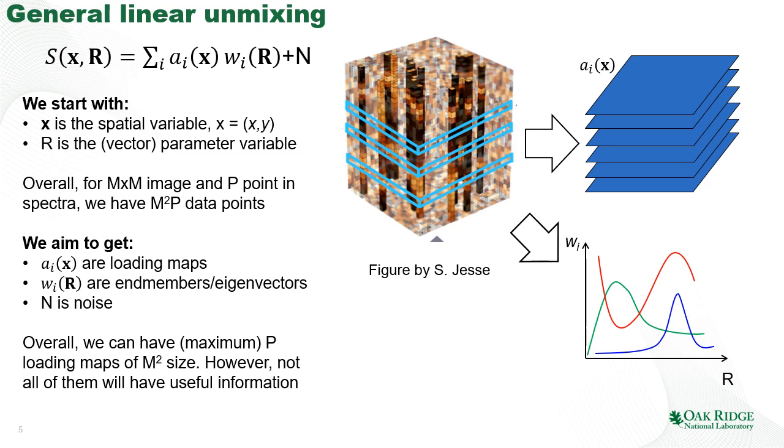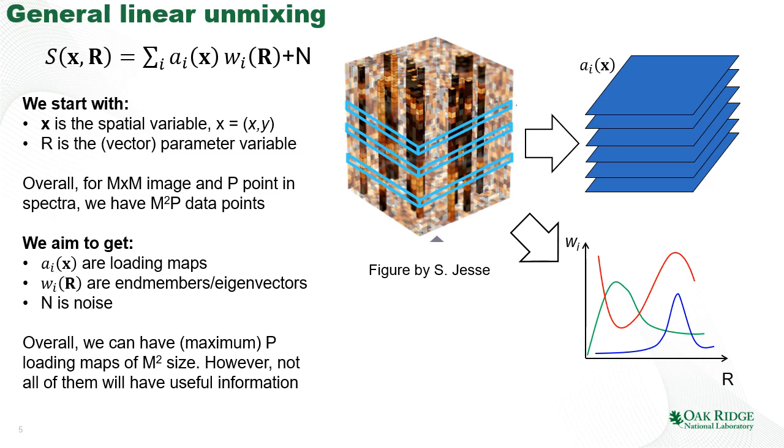Once we separate this data set into the spatial maps and the spectra, in principle, we are also going to have up to p loading maps where the size is going to be m squared. So many of these analysis methods don't remove the information, they just arrange it in a different fashion. However, not all of these loading maps are going to be useful.